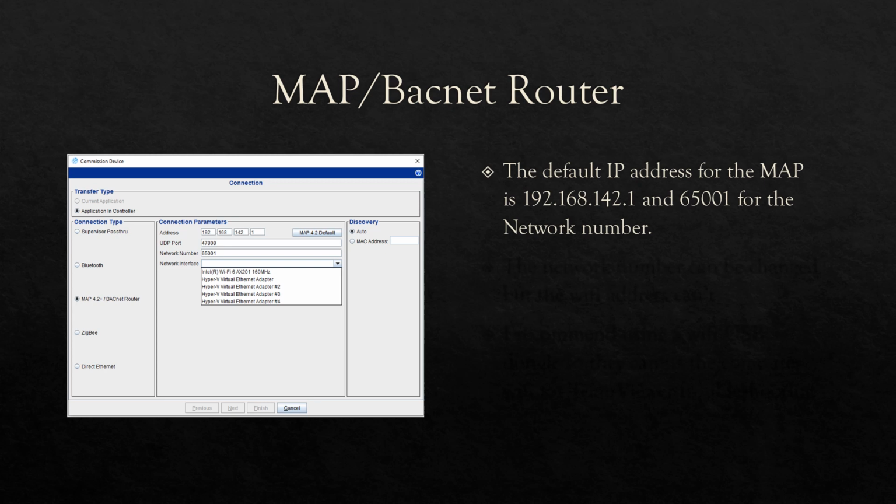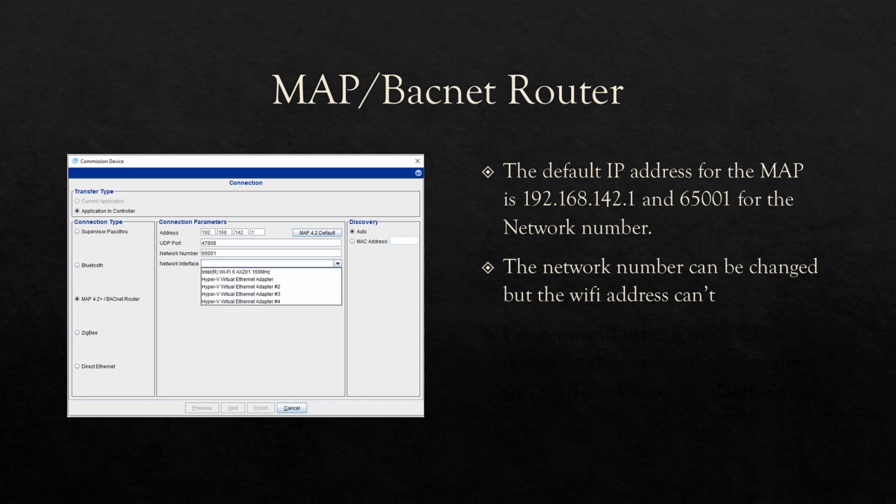Map Gateway. The default IP address for the Map Gateway is 192.168.142.1, and its default network number is 65001. The network number in the Map Gateway can be changed, but the Wi-Fi address is always going to be 192.168.142.1.